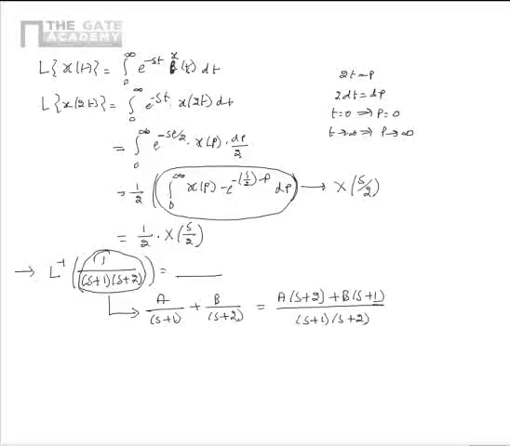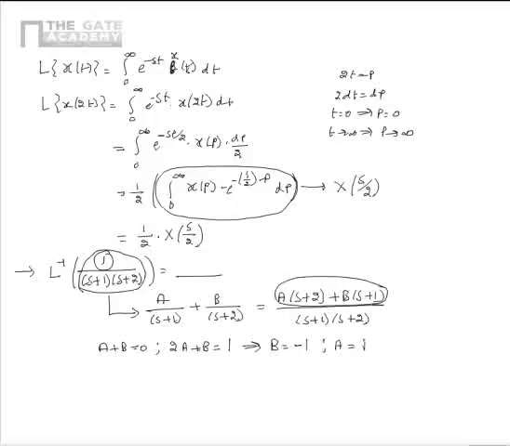Upon equating the numerator 1 with A into s plus 2 plus B into s plus 1, we get that A plus B is equal to 0 because the term containing s is absent in the numerator. Also, we can say that 2A plus B is equal to 1. Upon substituting A is equal to minus B, we get that B is equal to minus 1 and A is equal to 1.